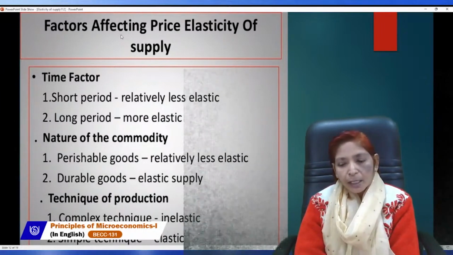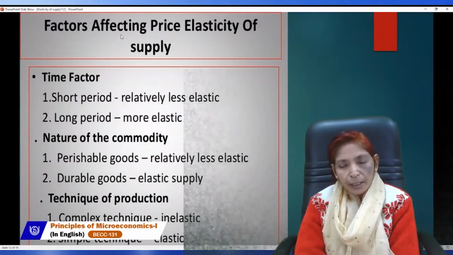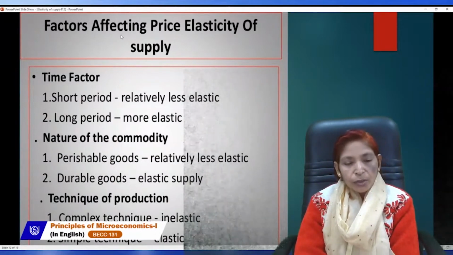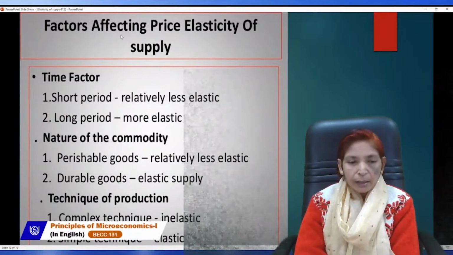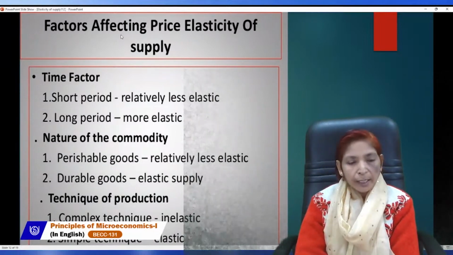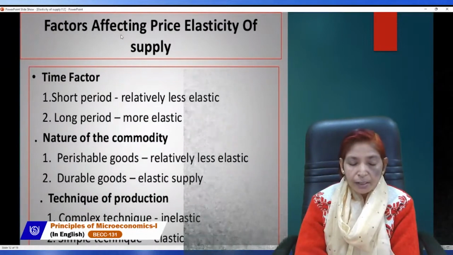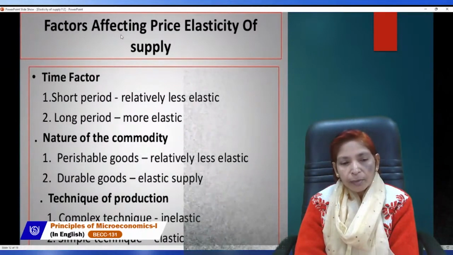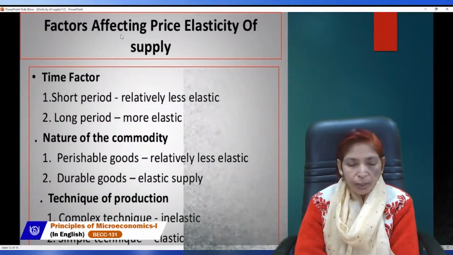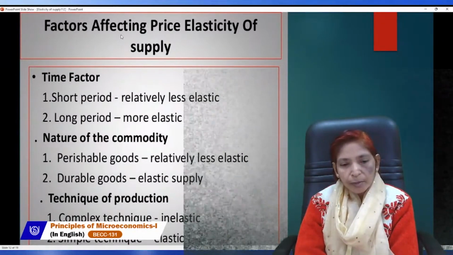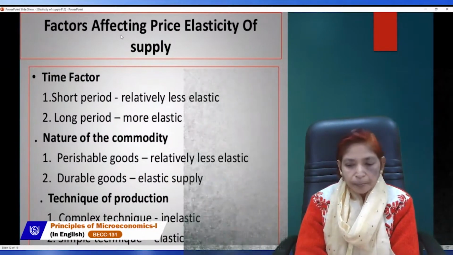In this case, elasticity of supply will be relatively less elastic. And in case of durable goods, which can be stored for a long time period, elasticity of supply will be more. And technique of production, if there is a complicated or complex technique, then elasticity of supply will be inelastic. And if the producer is using simple technology for the production of goods and services, then elasticity of supply will be more elastic.